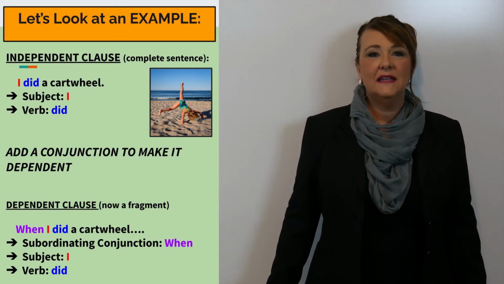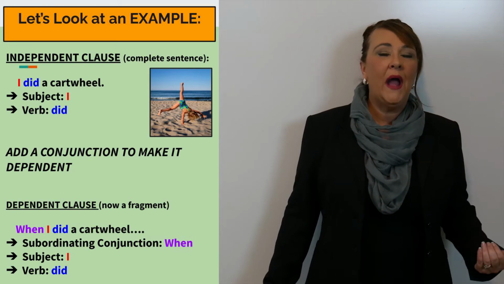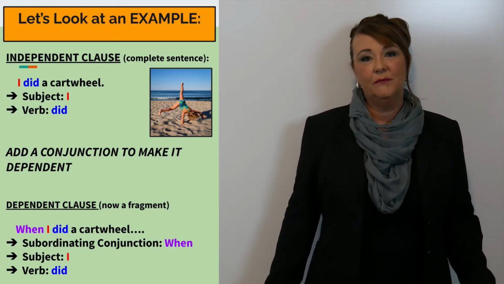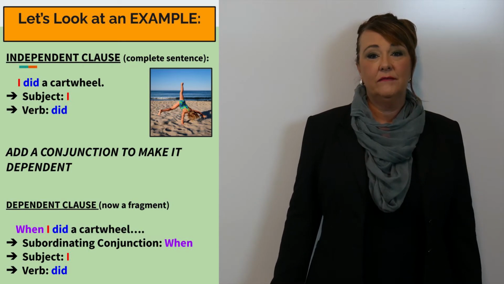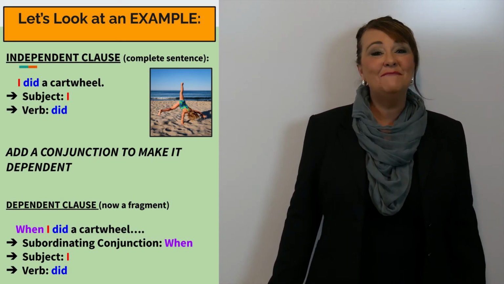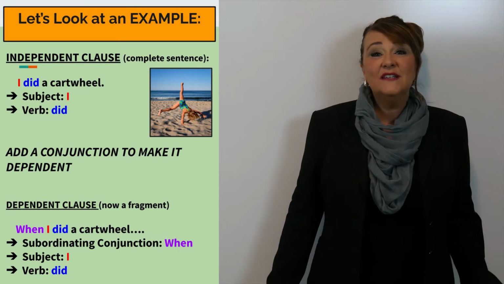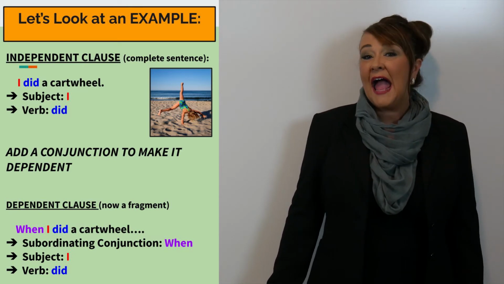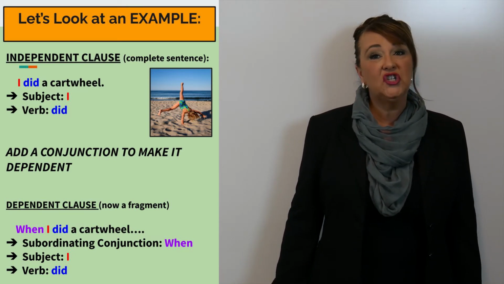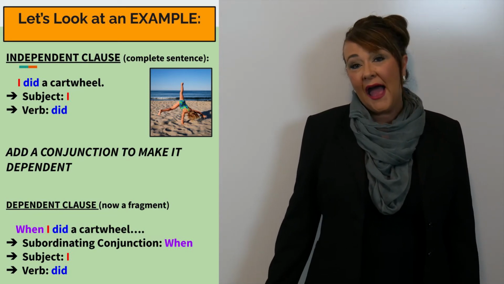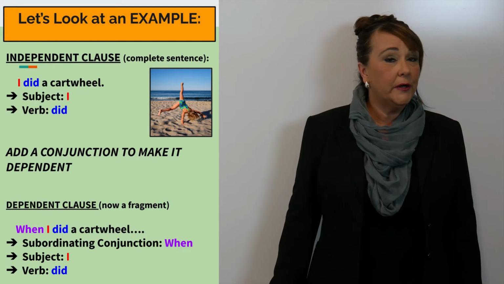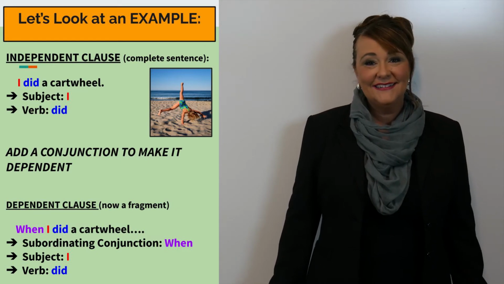Look what I did. I put the word when in front of that simple sentence. When I did a cartwheel. Now it's a dependent clause. It's a fragment. We have the subordinating conjunction when, we have the subject, I, and we have a verb, did. You see how that works?